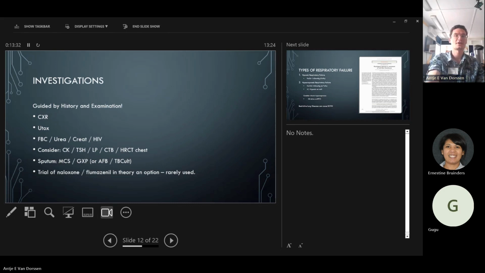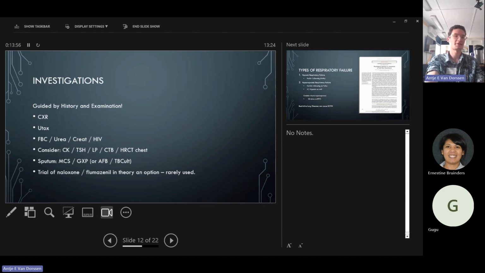A urine tox screen may be indicated in some patients, especially people who look as though they're a little bit drowsy and not really stimulating themselves very well, even if they've got a Cheyne-Stokes pattern of breathing. You might try a urine tox screen to see if there are any opioids on board as well. And that ties in with the last point there.